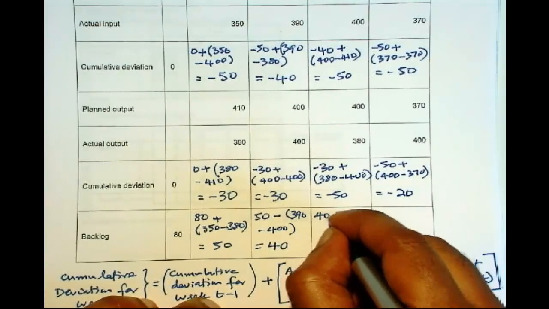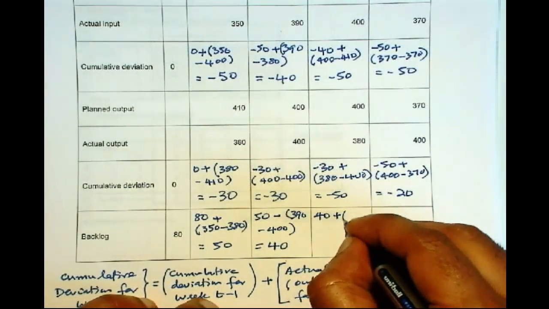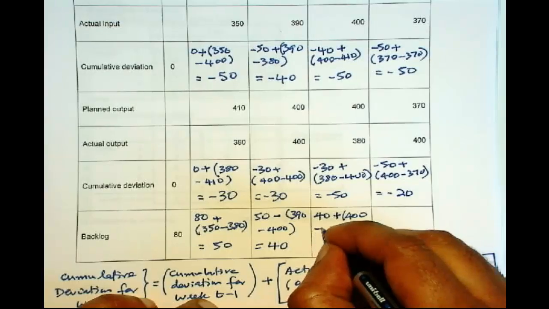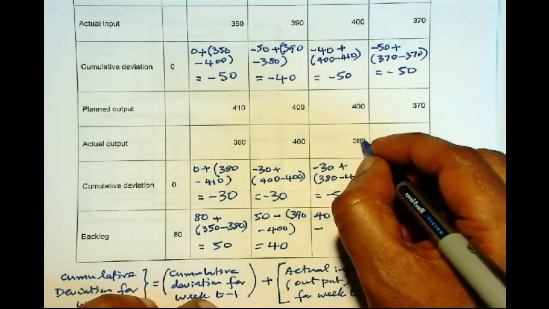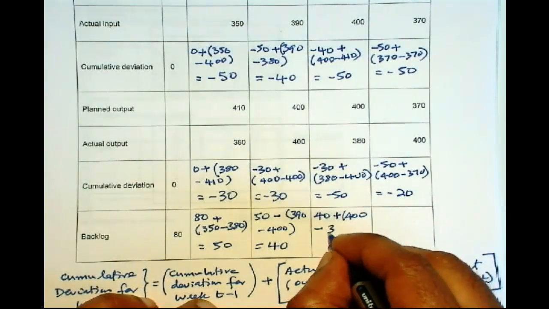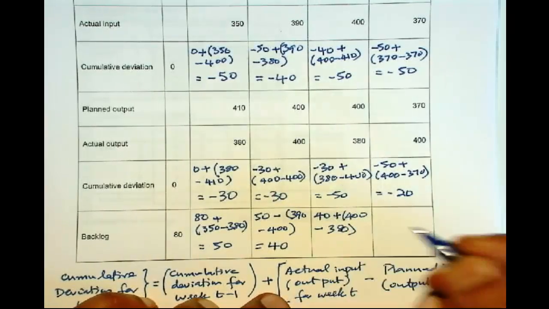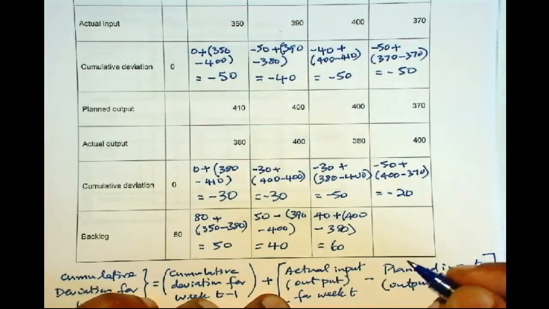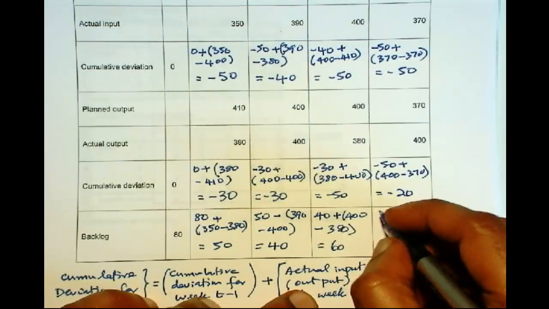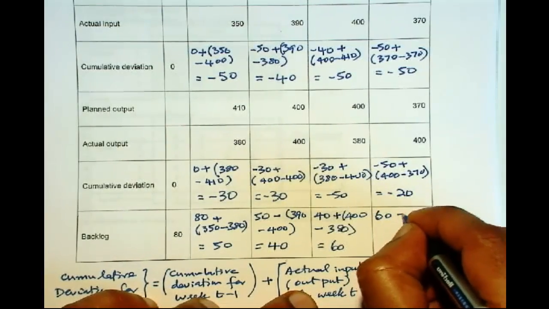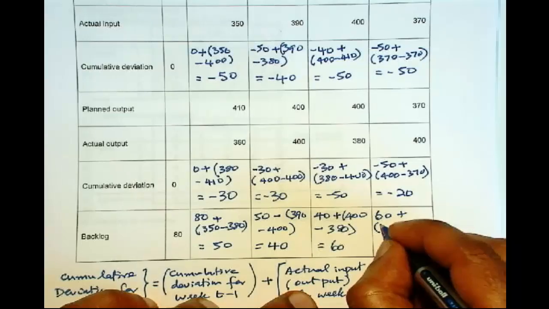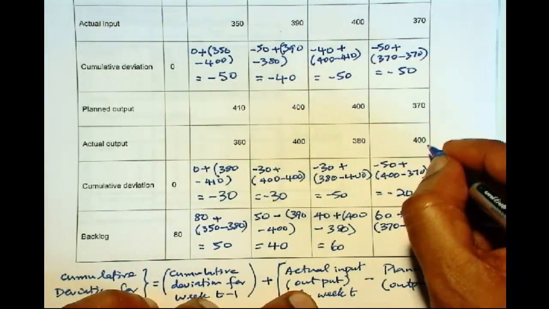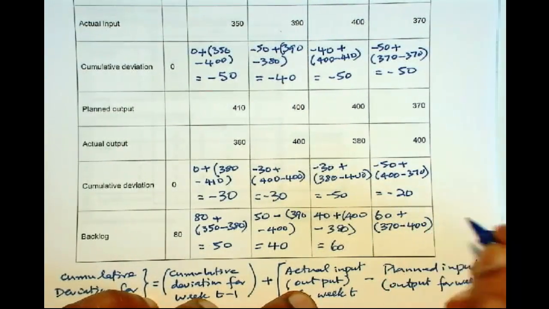Then 40 plus 400 minus 380. There is now more input than output, so backlog goes up to 60. Then 60 plus 370 minus 400 gives you 30.